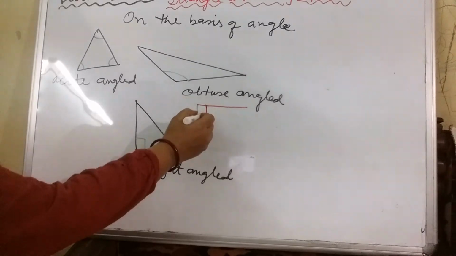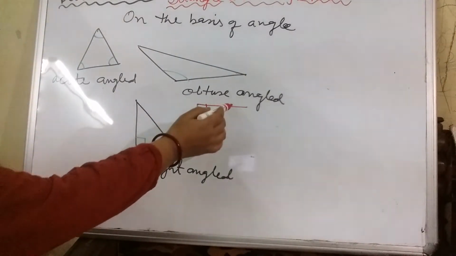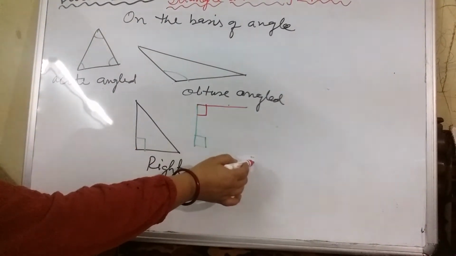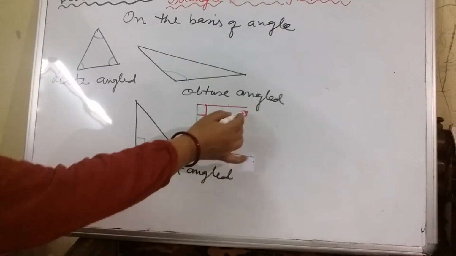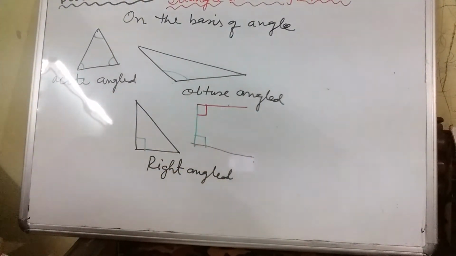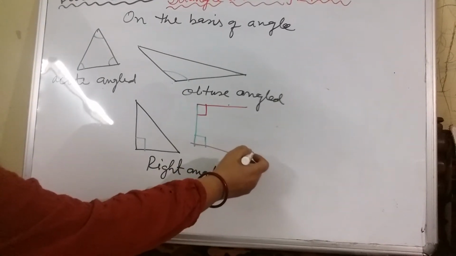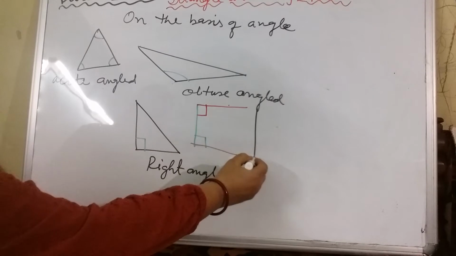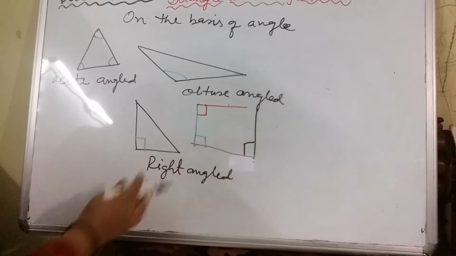Then this line and that line will never meet, because this line and this line are parallel. They will never meet, so that will not become a triangle. Now if I draw a right angle here, so this is 90 degree.